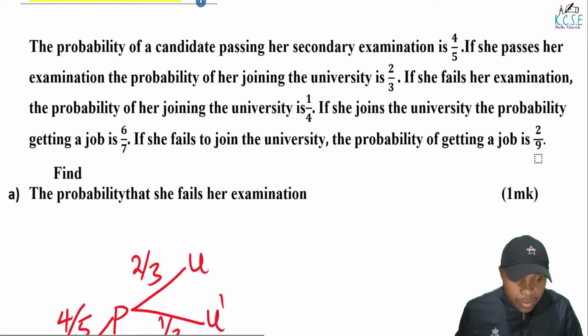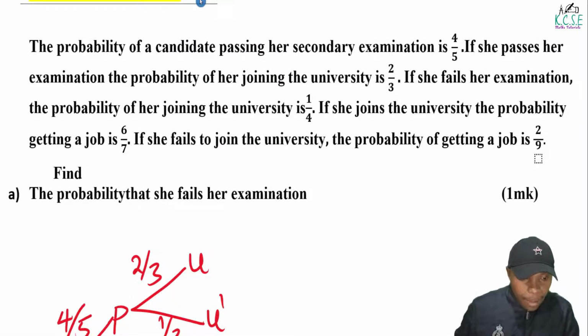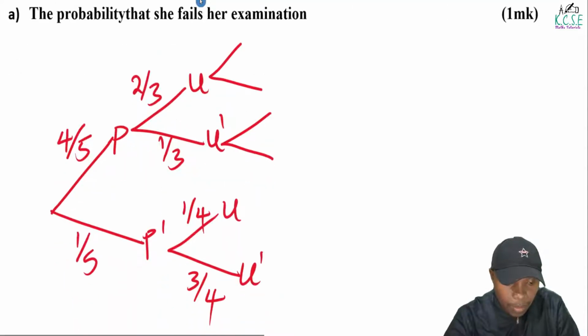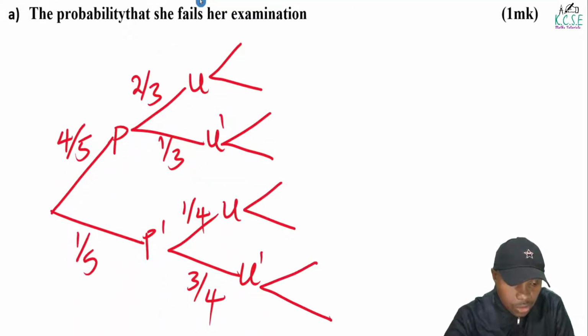The next statement reads: if she joins the university, the probability of getting a job is 6/7. If she fails to join the university, the probability of getting a job is 2/9. So we have another branch here, on each of the joining and not joining outcomes.